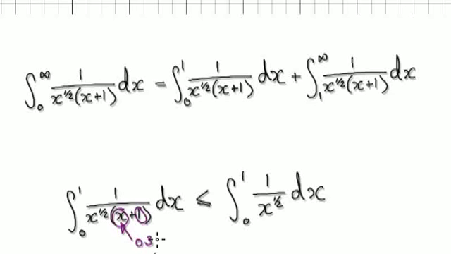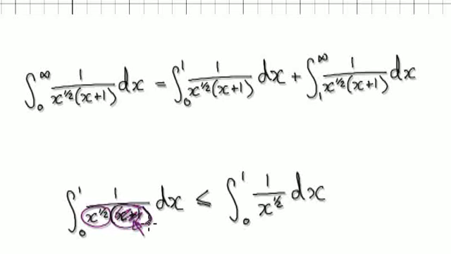So here you've got 1 add 0.3, because this 0.3 has to be in between 0 and 1. So this bit here is going to be 1 plus a tiny bit, a number slightly bigger than 1. So here you've got one thing multiplying something that's slightly bigger than 1.